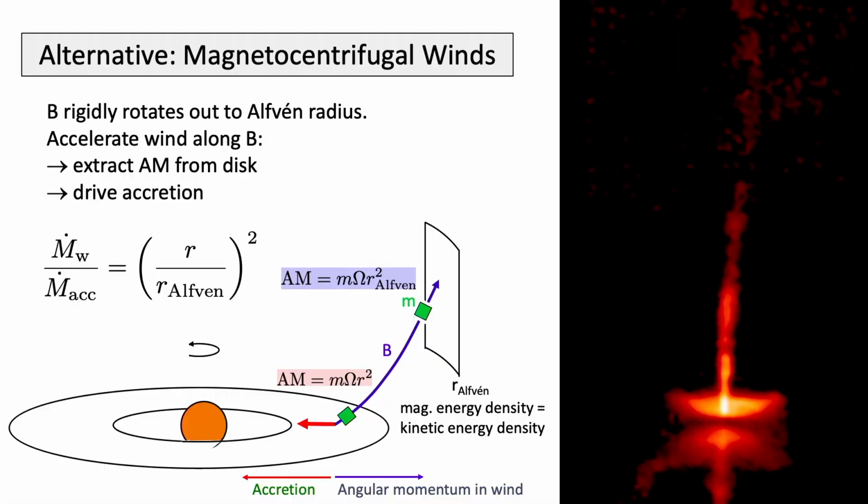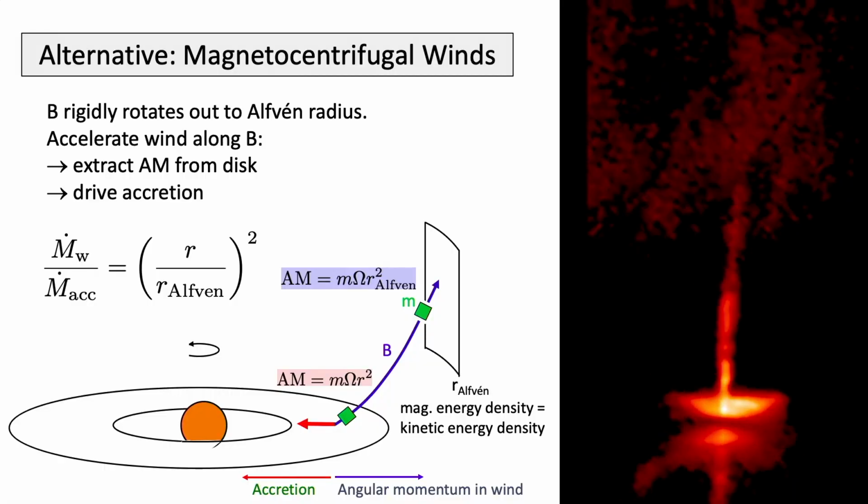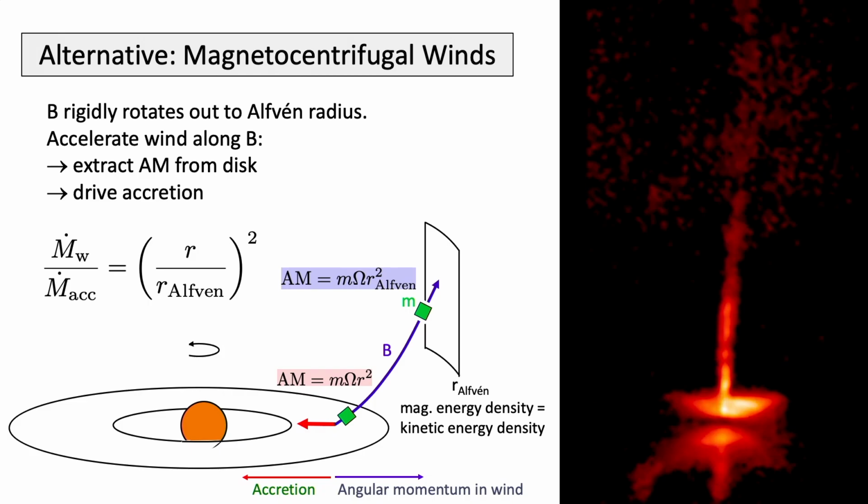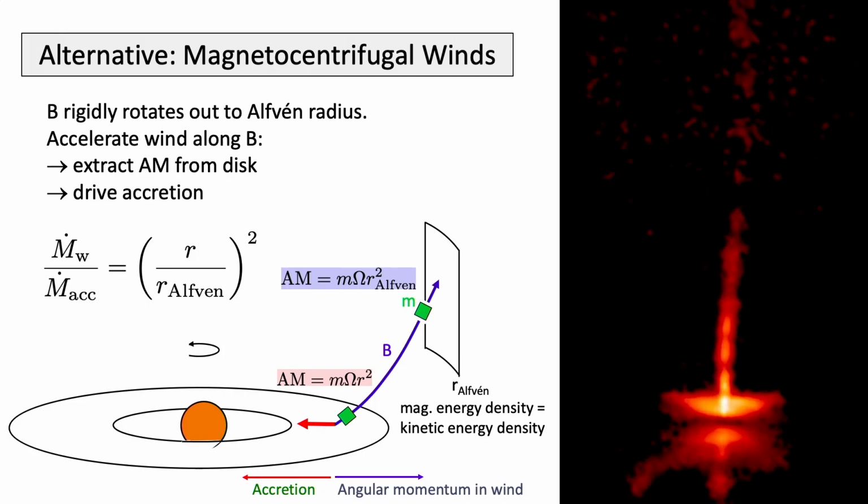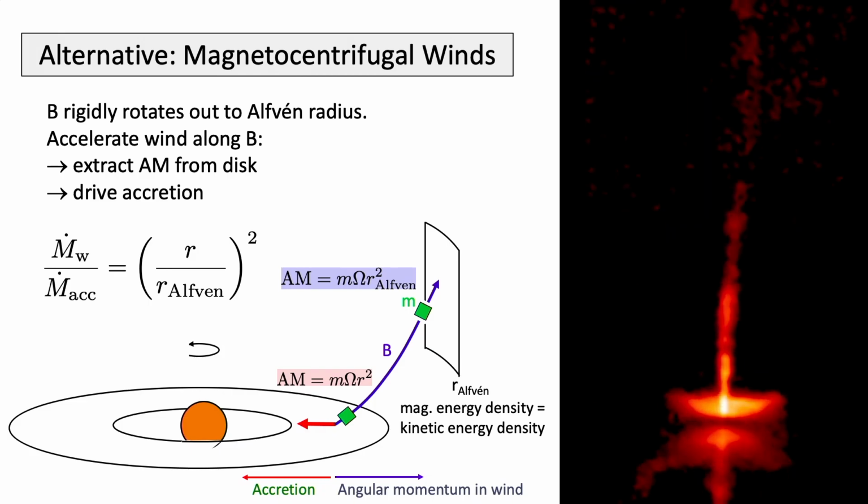So what happens, and this is easy to understand, the angular momentum the parcel had at the start is obviously, just the formula, mass times the angular velocity, omega, times r squared.